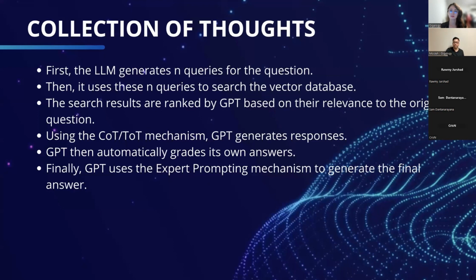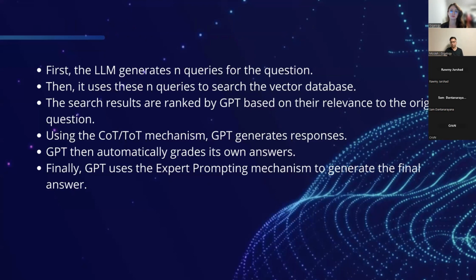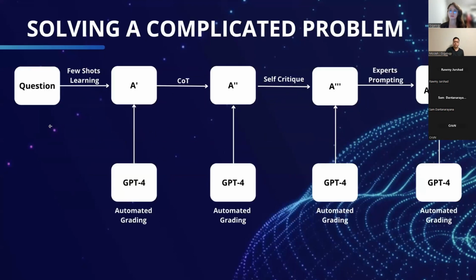Now let's take a look at how we can solve a very complicated problem with GPT models. So that's the idea: using multiple techniques on multiple stages until the final answer makes you happy.